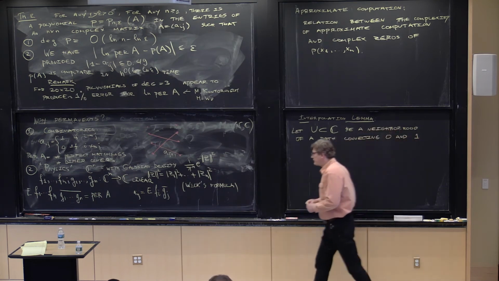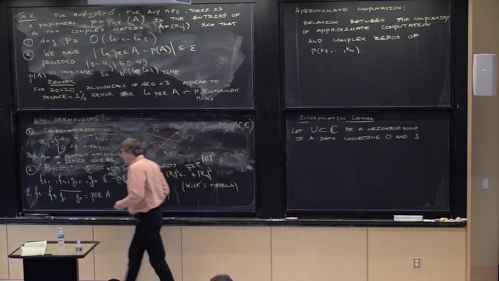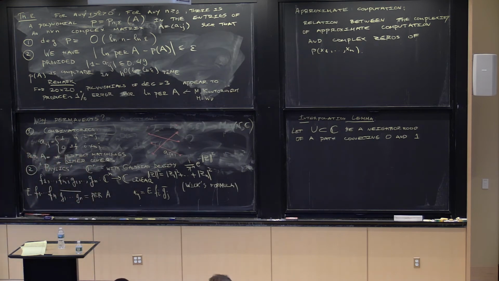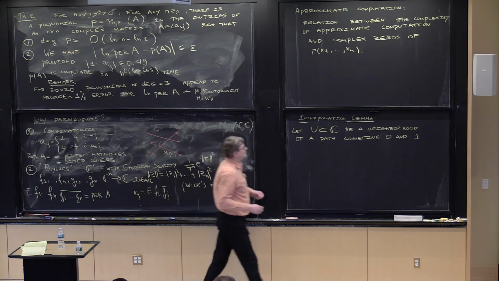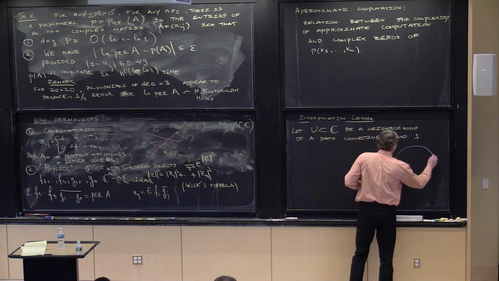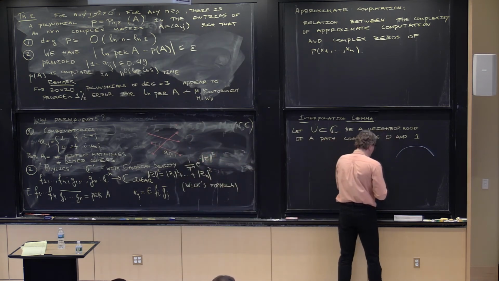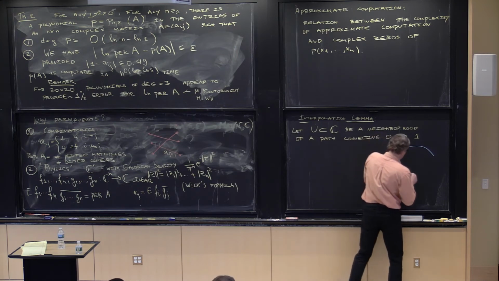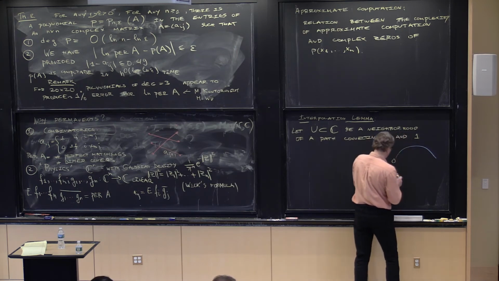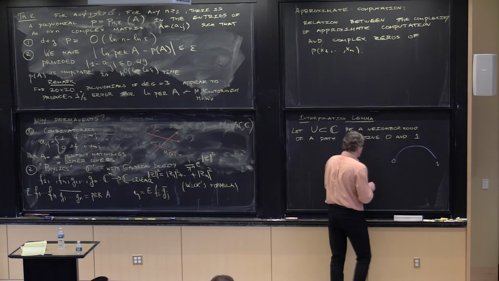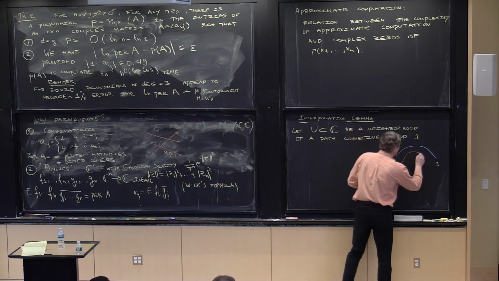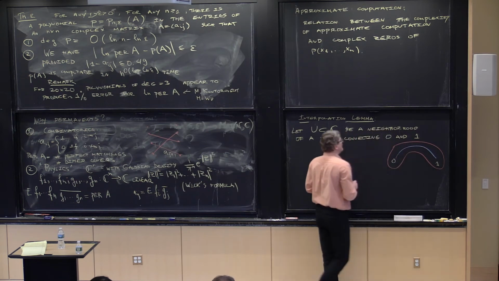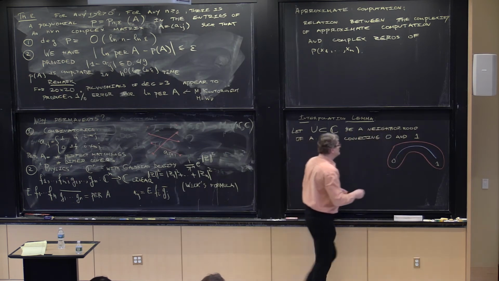So the picture is this. The path is not important. The neighborhood is more important. So somewhere here you have 0. Somewhere there you have 1. Then you have a neighborhood of this path. Let's call it U.